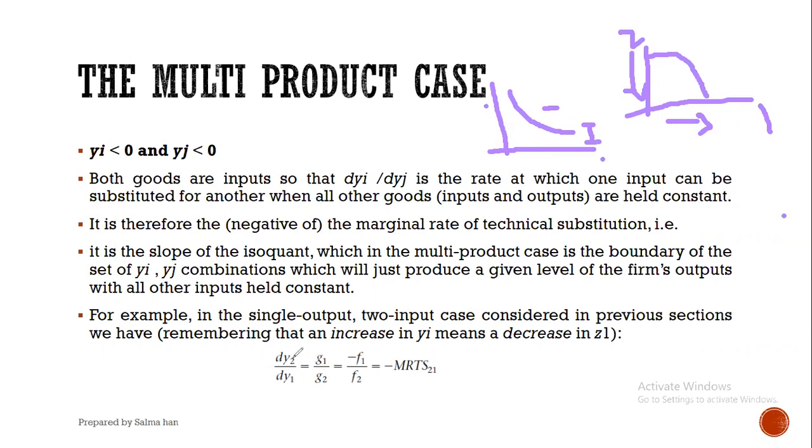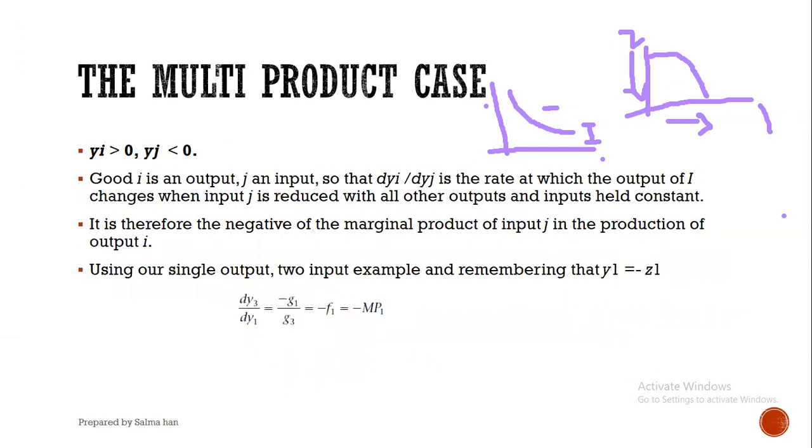That is the rate of change of y2 to the rate of change of y1 is equal to the positive of the ratio of g1 and g2. g1 and g2 are implicit functions, and it is the negative of the explicit functions, that is minus f1 divided by f2, which is equal to minus MRTS of 2, 1. That is the marginal rate of technical substitution of input 2 for input 1.